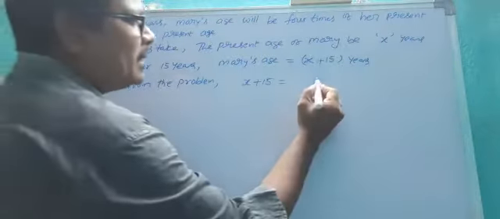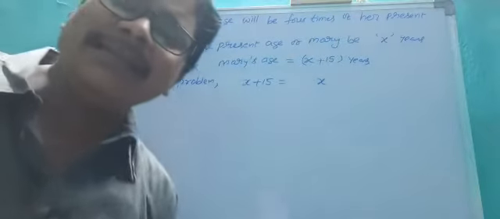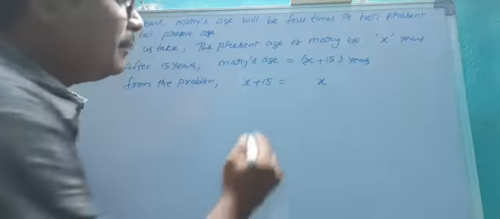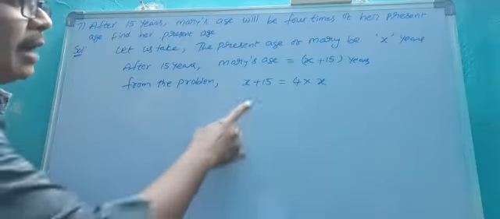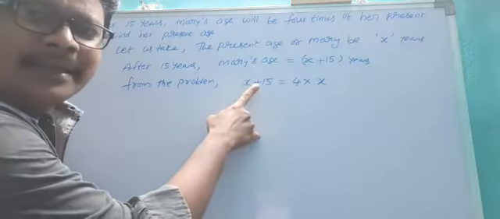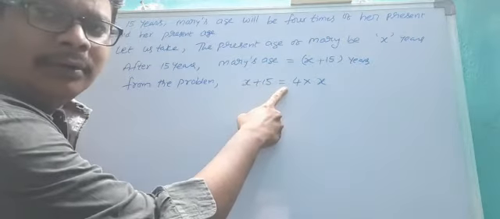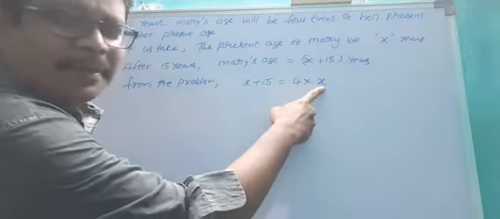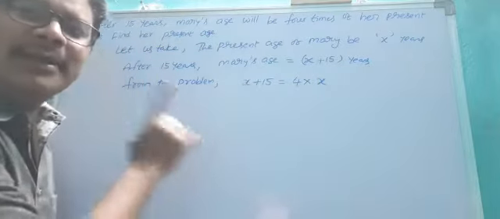Her present age is x years. Times always indicates multiplication, that means 4 into x. Once again, after 15 years, Mary's age x plus 15 is equal to 4 times her present age. Both are equal to each other. That is the given question.